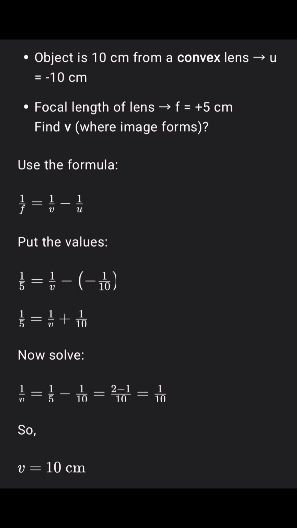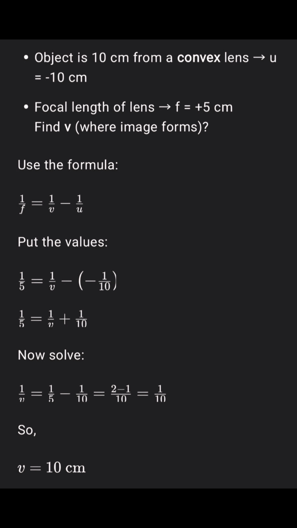Okay, so I'll explain by a simple example. Let's say the object is 10 centimeter from a convex lens, that is u is -10 cm, and the focal length of the lens f is +5 cm, and you have to find v, that is where your image forms.